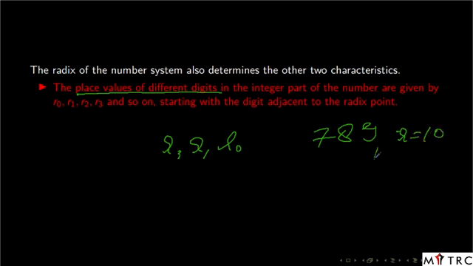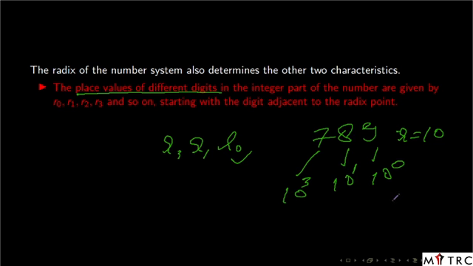The weight of the first digit is 10 to the power 0, of the second is 10 to the power 1, and of the third is 10 to the power 2.